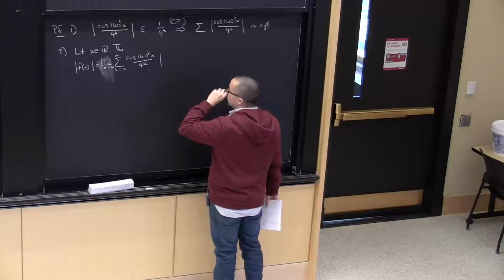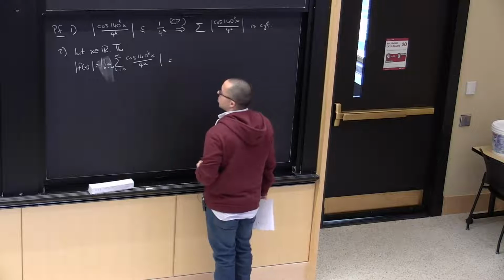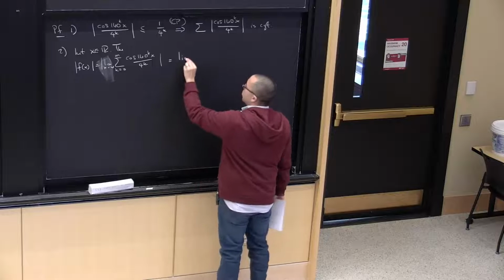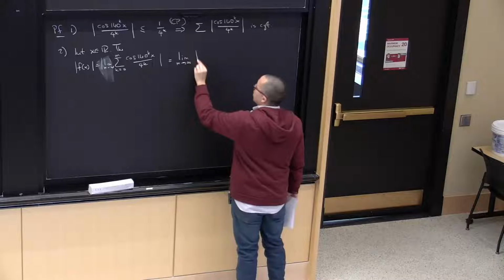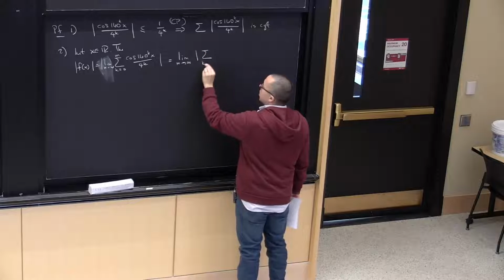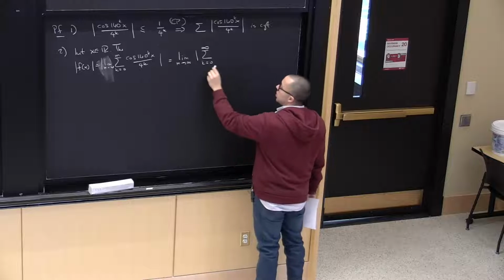And now for absolute values, this limit pulls out, right? Whenever the limit exists, the limit of the absolute value equals the absolute value of the limit.